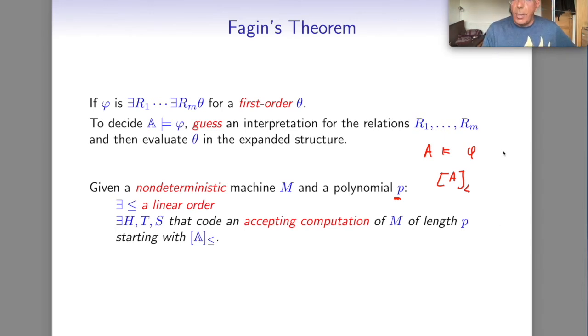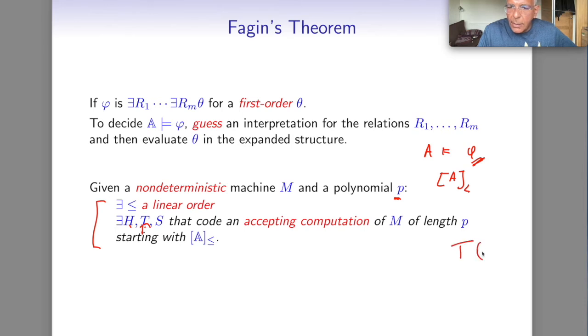So I want to define such a sentence phi, and here is a rough description of that sentence. I say there's a binary relation which is in fact a linear order of A. And then you can say there are relations, I call them H, T, and S. It's a bit tedious to write them out in detail, but think of them as coding an accepting computation of M of length P on this string. T, roughly speaking, is going to give you tape contents.